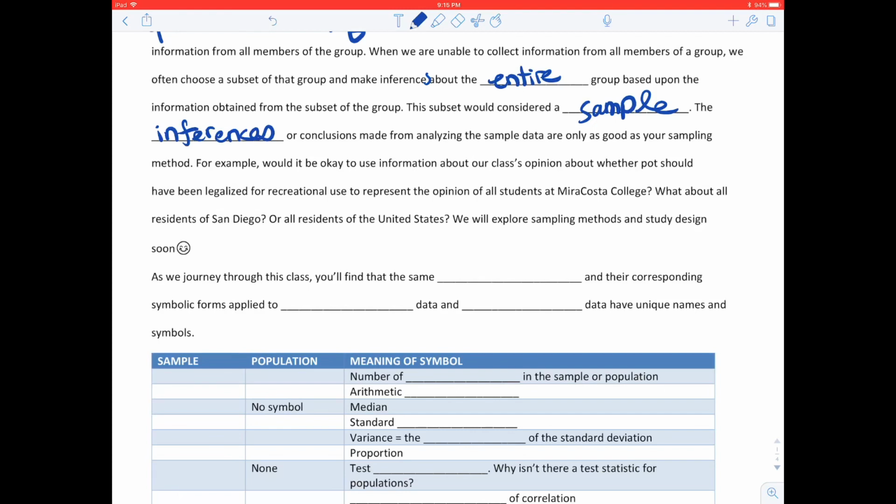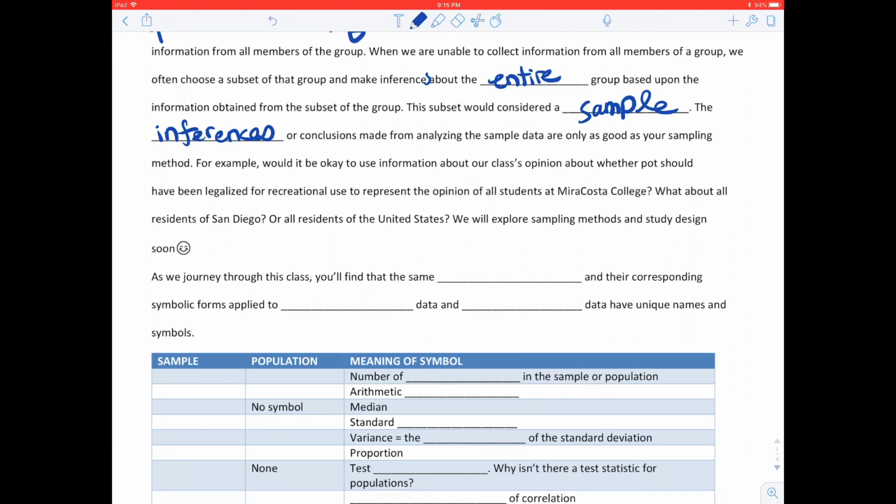If I make a supposition about a larger group, say all the students at MiraCosta College, are you, my 2 classes, representative of all the students at MiraCosta College? What do you think? I don't know. I would think because of the modality of the class being online, it's a general ed class, so a lot of people have to take statistics.